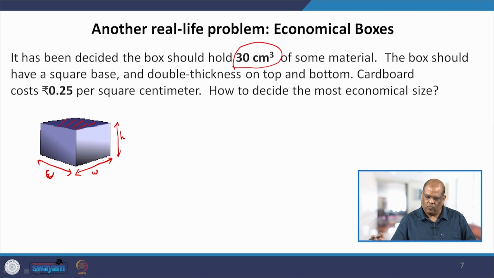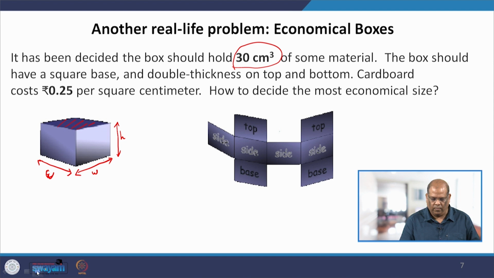Now, obviously, we will start with the volume. So, the volume V is equal to length into breadth into height, and the volume remains constant, which is 30 centimeter cube. Here we need to find the surface area, that means how much cardboard you are going to use.